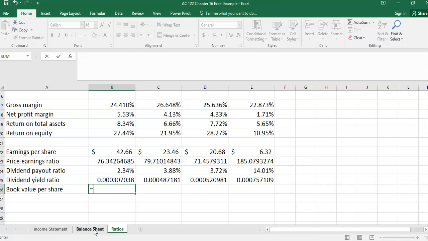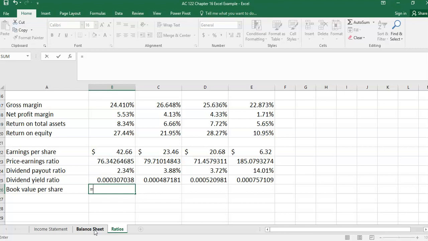So this is total stockholders' equity divided by the basic number of shares outstanding. Another reason that the book value is different, if you remember from Principles of Accounting 1, is that the company only receives cash for their stock the very first time it is sold on the marketplace. The second time it's sold, it's the owner of the stock who receives that cash income.